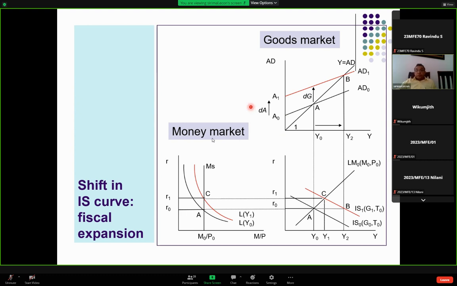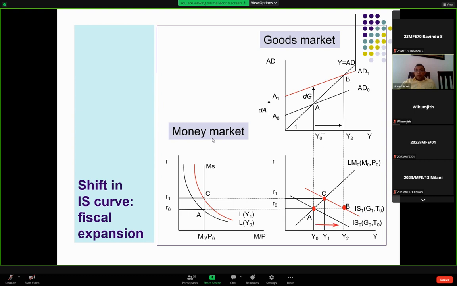Okay, right. We started with point A, and this is where the new output level comes. But our actual final output level is here. So the output has increased to this level.